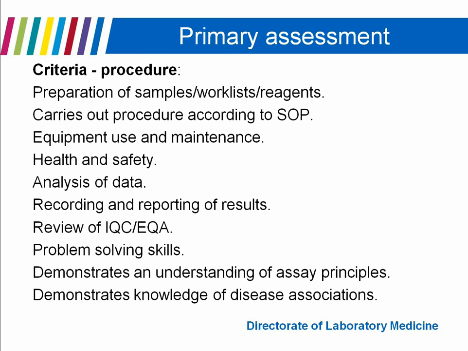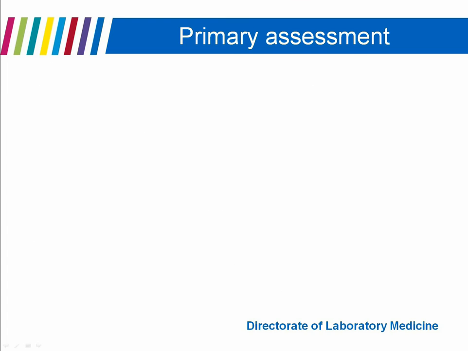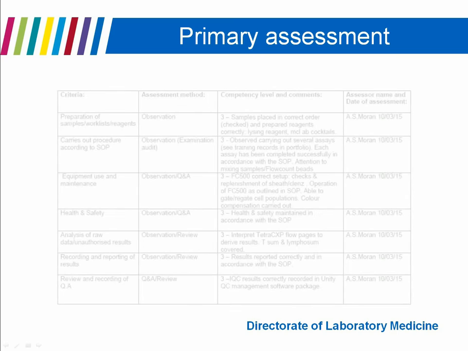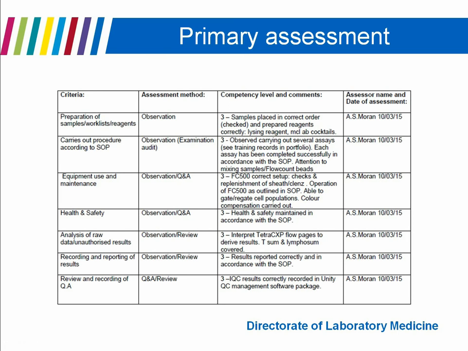So, primary assessment document, we log down the assessment method, the level of competency of the individual, and we include comments about the evidence that we've identified and assessed, plus the competency signed off by the assessor and dated.